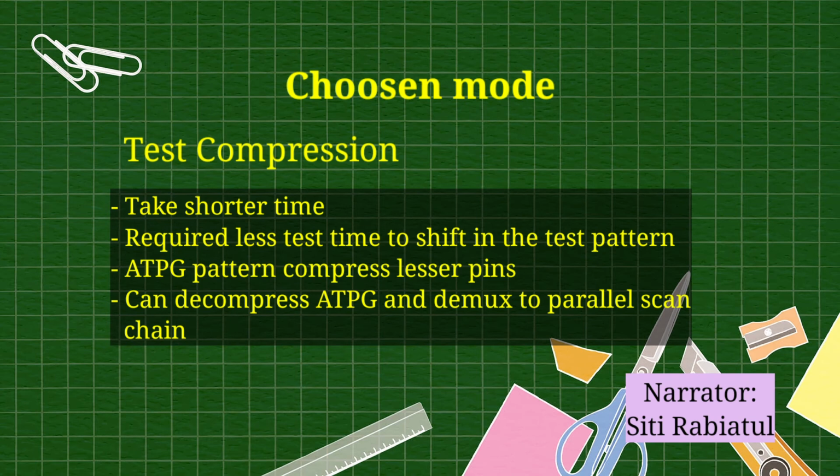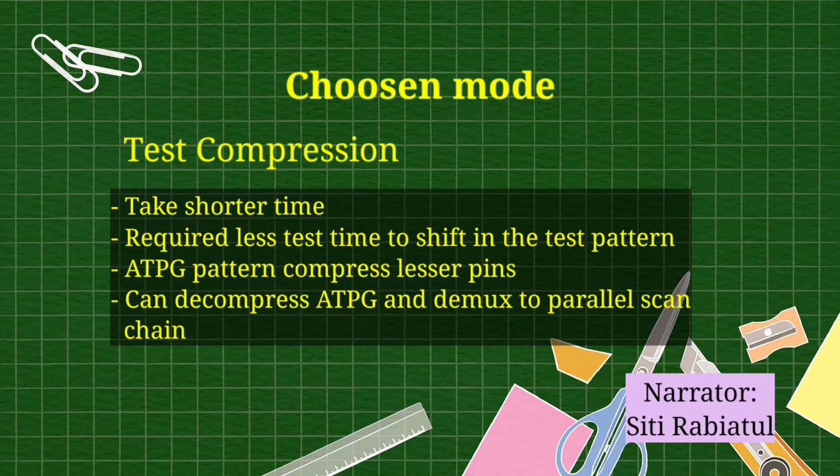The most important thing about using the test compression technique is that when the ATPG pattern is compressed, the pins can be compressed to only one EDT in and out pin. Furthermore, in the design, there is a built-in decompressor block which can decompress the ATPG pattern and distribute it to the parallel scan chains.